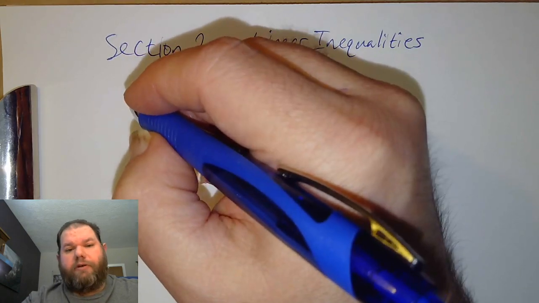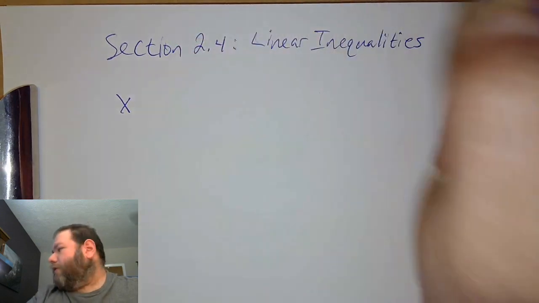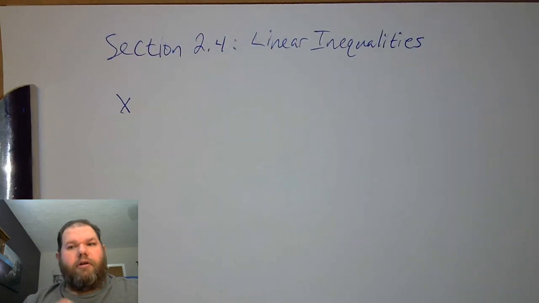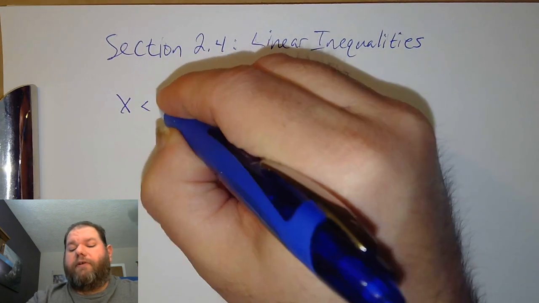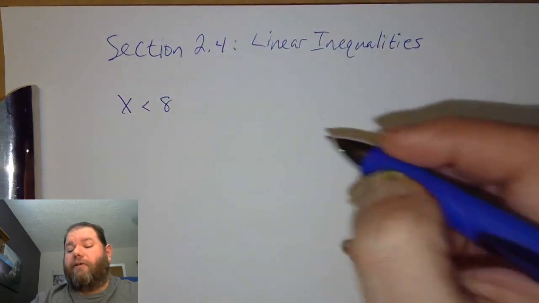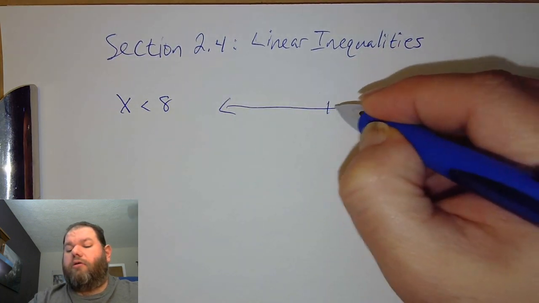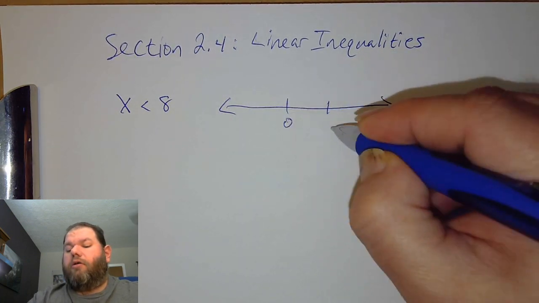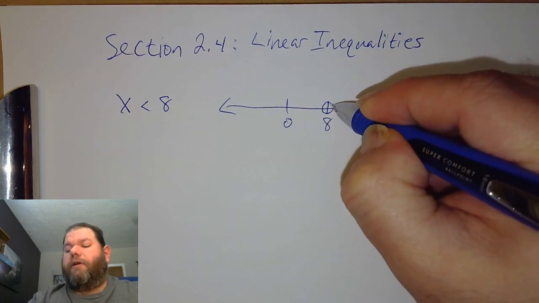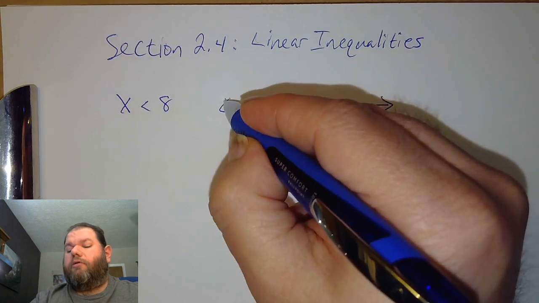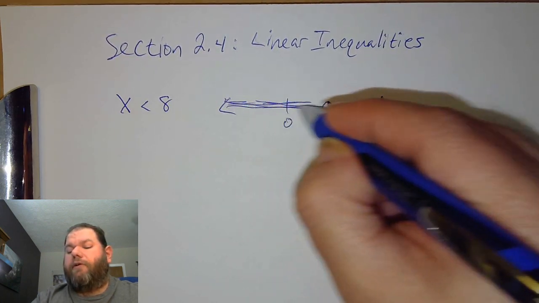The first thing we want to do is establish how to write the inequalities and how to graph it on a number line, first of all. Like for instance, if we said x is less than 8, here's 8, and if we say less than, we'll shade everything to the left, of course.